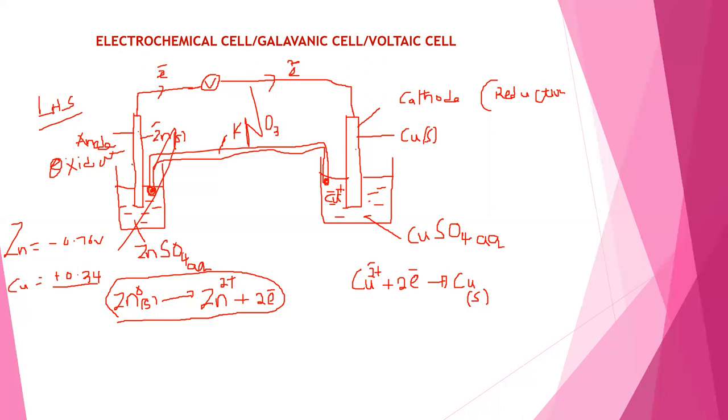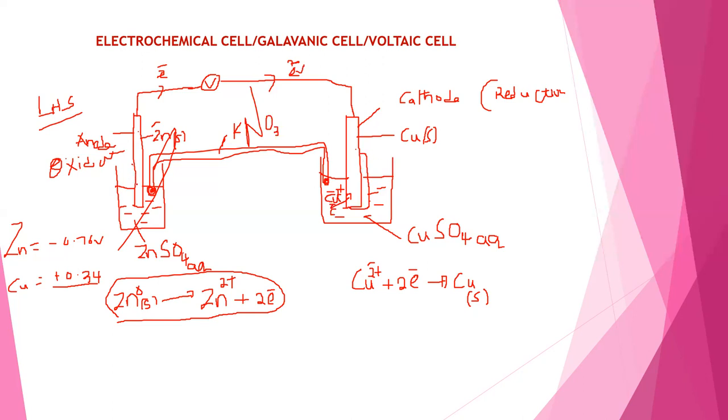So what will happen? The copper ions will now be attracted to the copper electrode because electrodes are negatively charged while the copper ions are positively charged, so they will attract. When they attract, the size of this electrode will increase, hence increasing its mass.